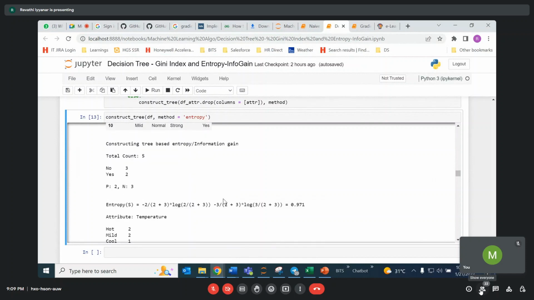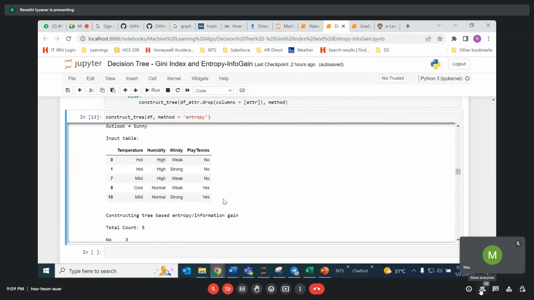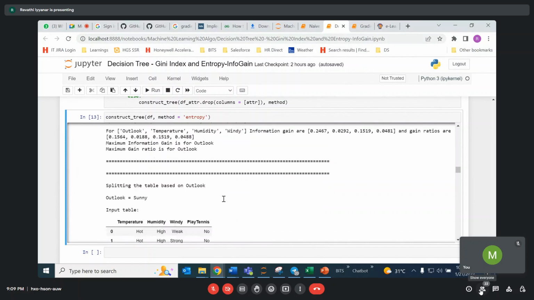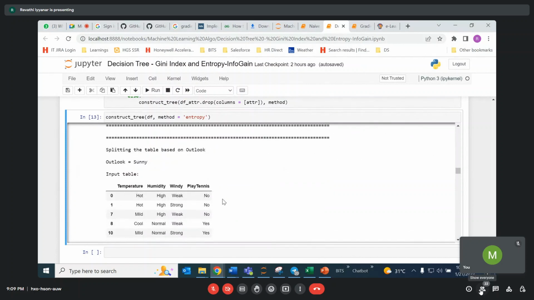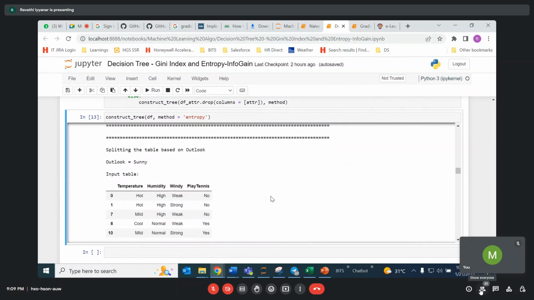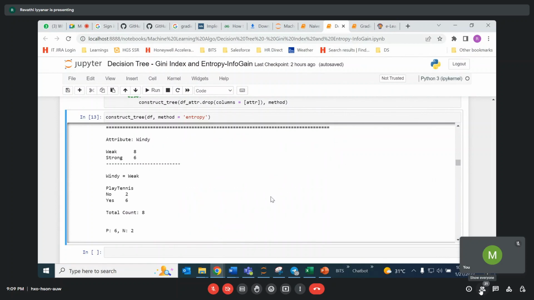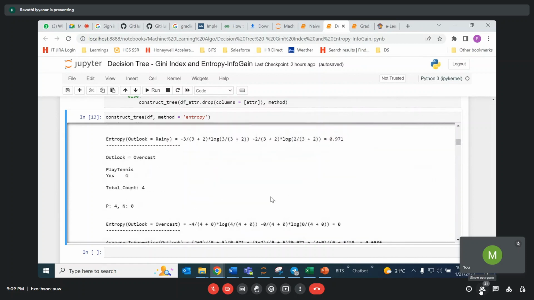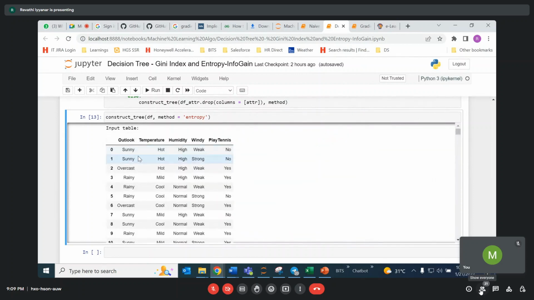After choosing the root node Outlook, it will go to sub-branches based on how many categorical values there are for Outlook. If you go to the main table, you can see how many. Sunny, overcast, rainy. 3.